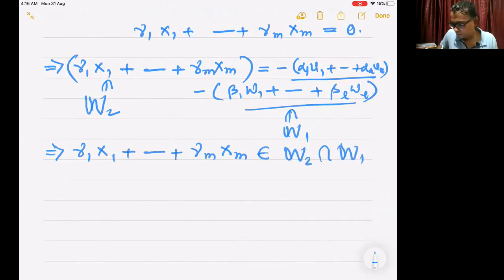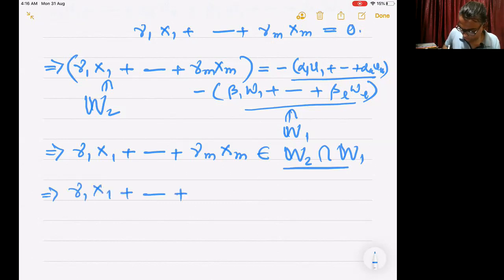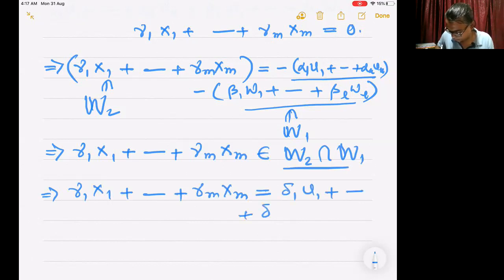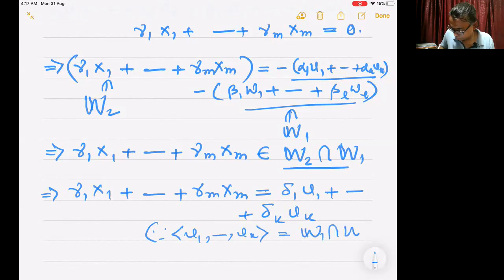But we already have a basis for this, which means gamma 1 x1 plus dot dot dot up to gamma m xm must be equal to delta 1 v1 plus dot dot dot up to delta k vk, because v1 up to vk spans W1 intersection W2.